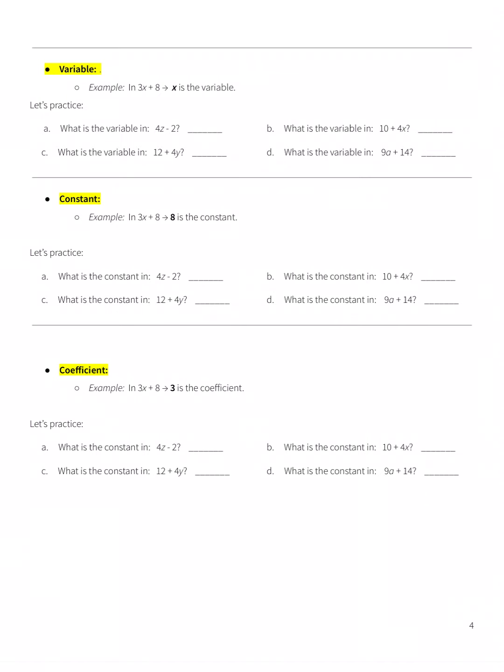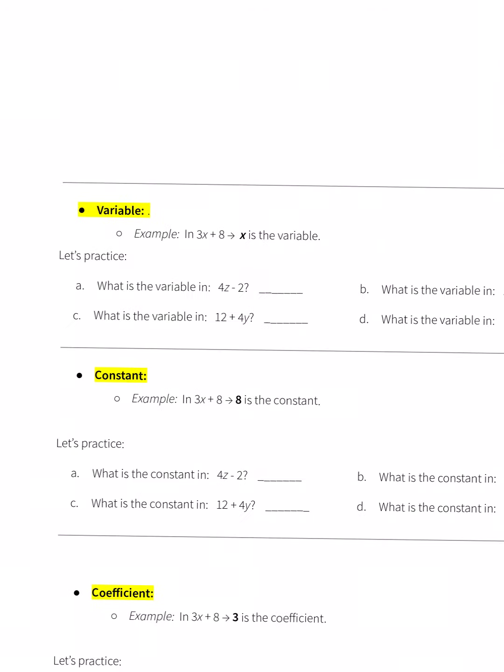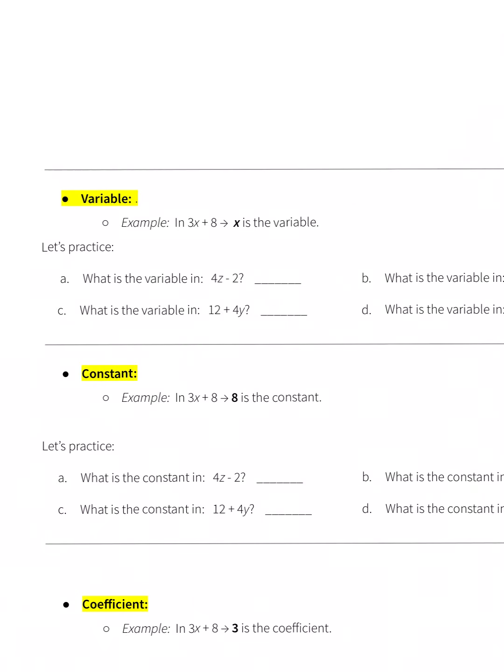Now we're going to practice identifying these different vocabulary words in algebraic expressions. First, we have an example right here: 3x plus 8. x is the variable, because remember, a variable is our unknown number, represented with a letter.